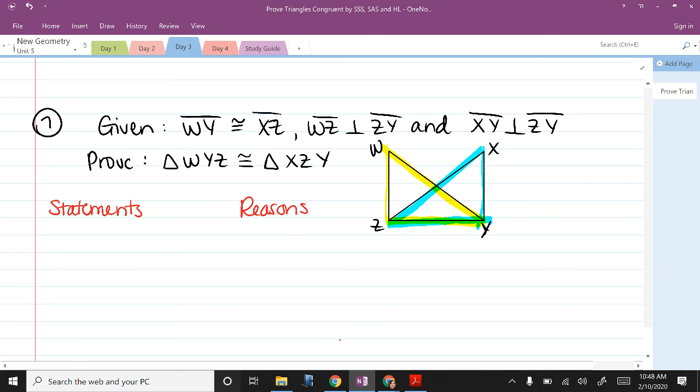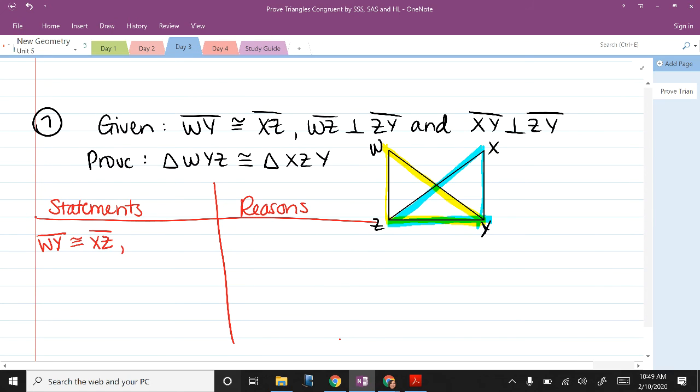They gave me a lot in the given. So again, this is one on a worksheet where they might split your givens up, so look for that in case they do it. WZ is perpendicular to ZY, all these horizontal ones, and XY is perpendicular to ZY.